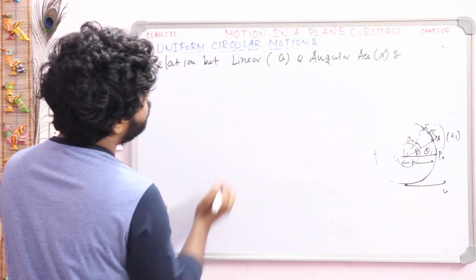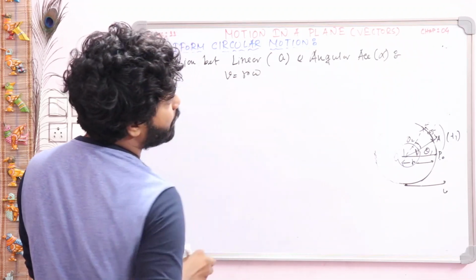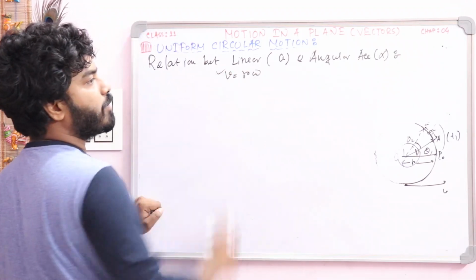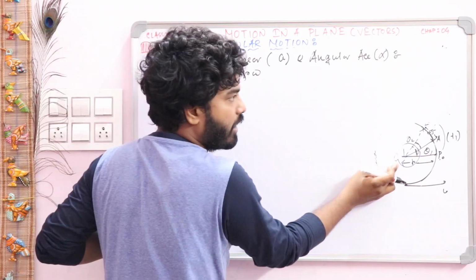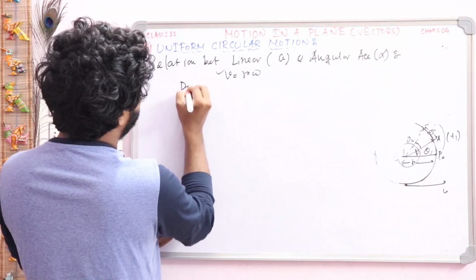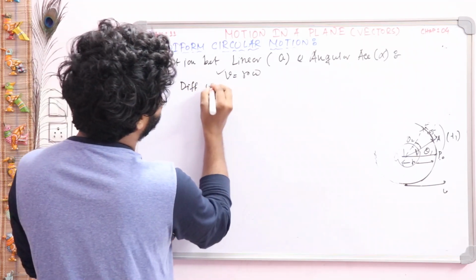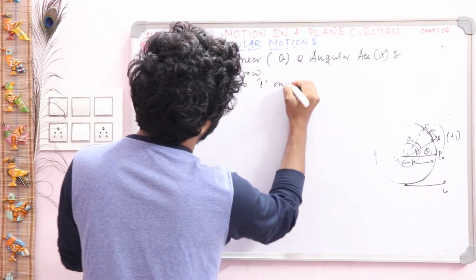So at first you have to prove this one, v is equal to r into omega. We already completed this part. At first you have to prove this one using this diagram. Okay, now differentiate it with respect to t on both sides.